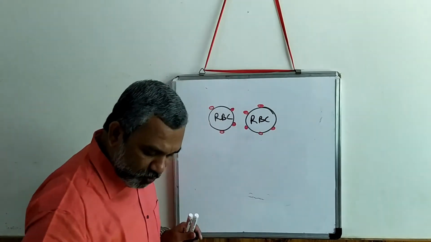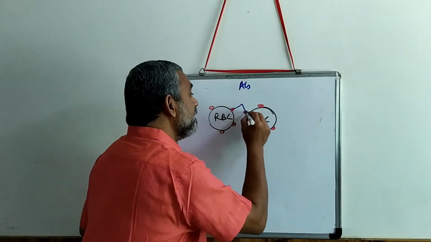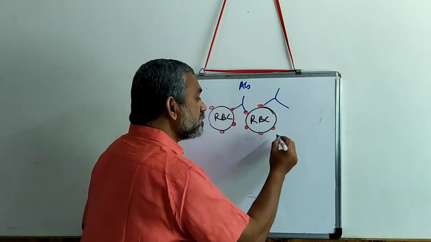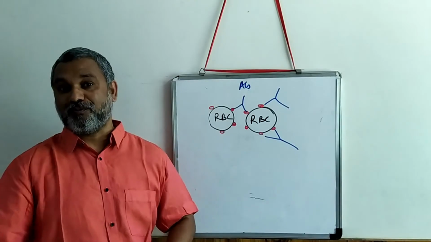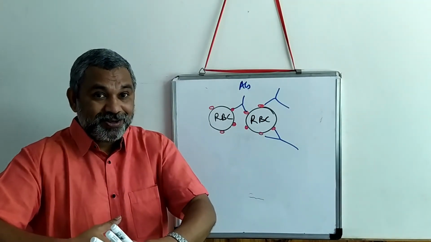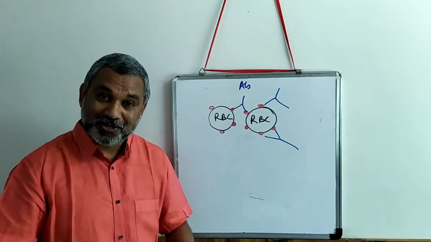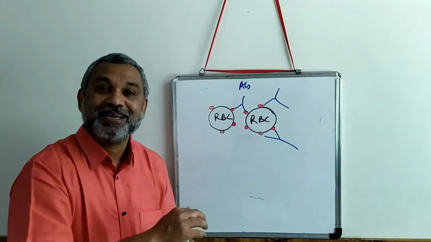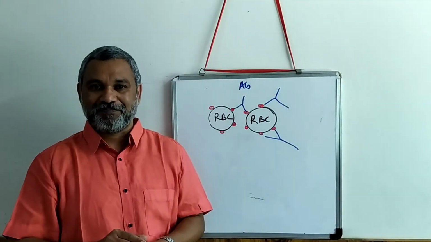We add antibodies to it. Now the antibody can bind and cross-link and a lattice can be formed. So indirectly, through a passive form, agglutination is promoted. This is known as indirect or passive agglutination reaction.